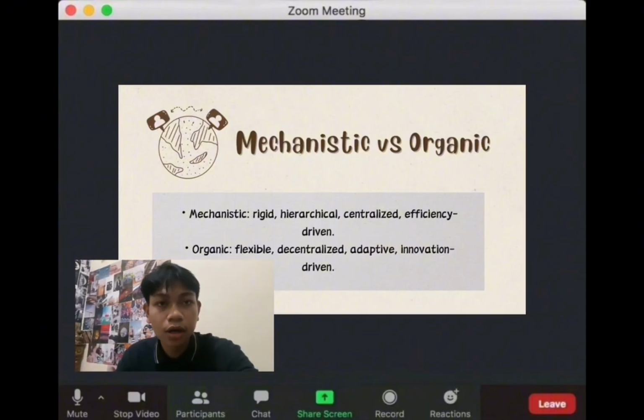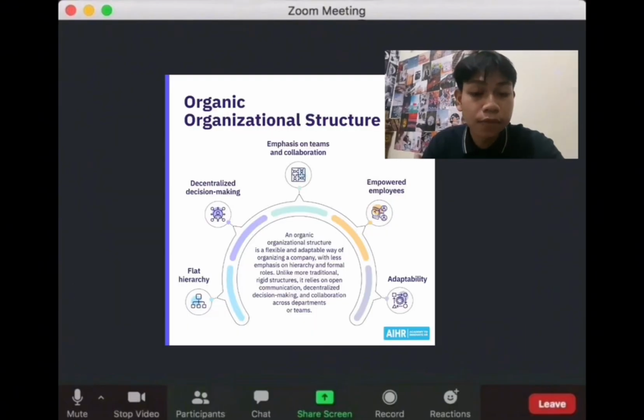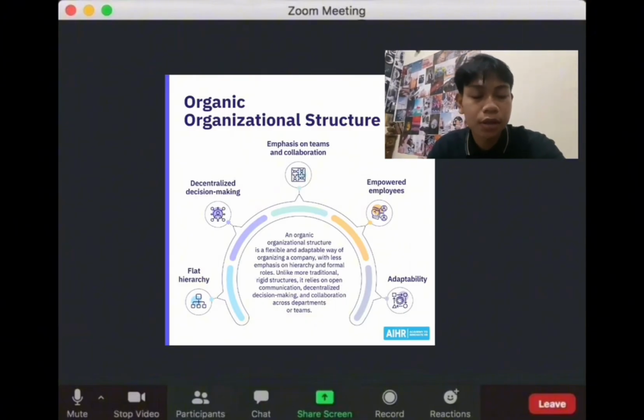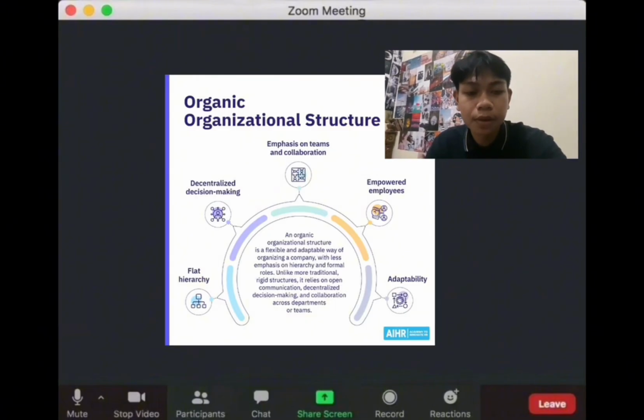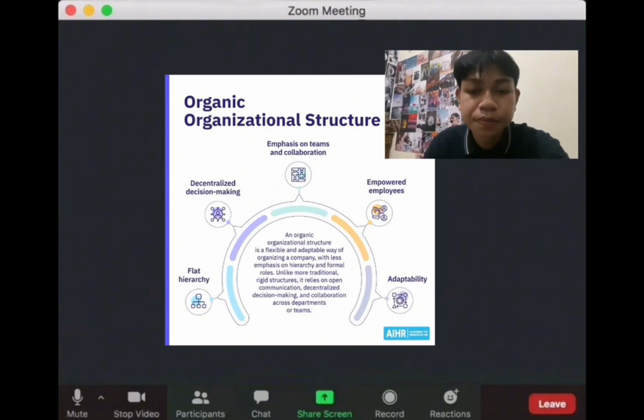And then organic means flexible and adaptive, flexible and teamwork based, for fast-changing environments. For example, startups or tech companies.